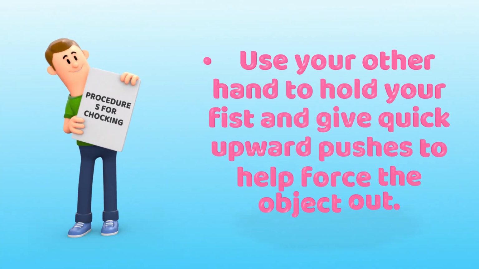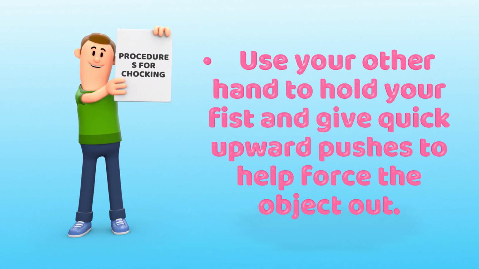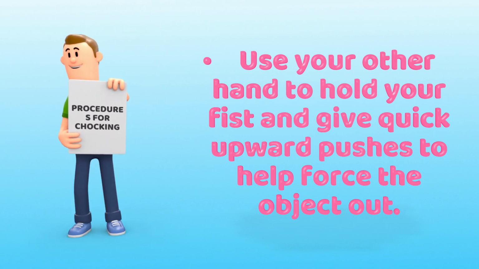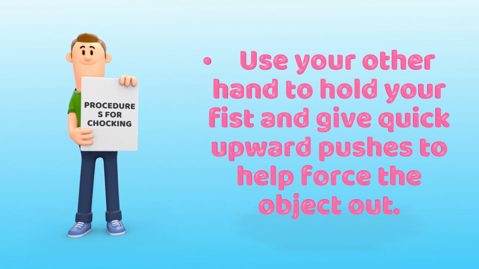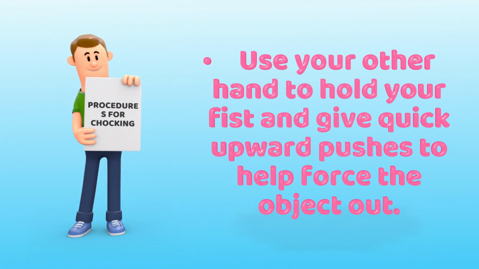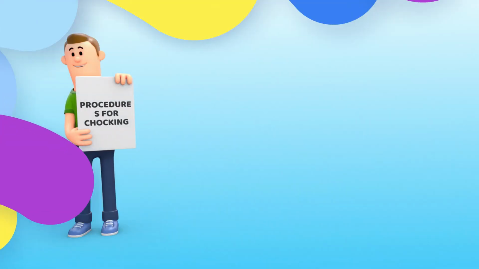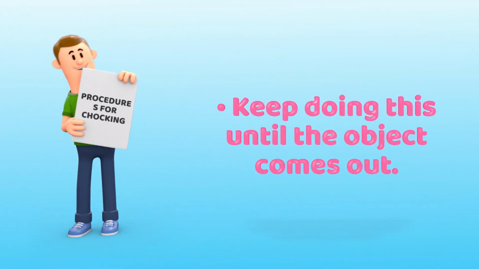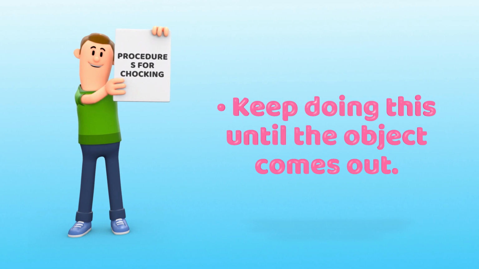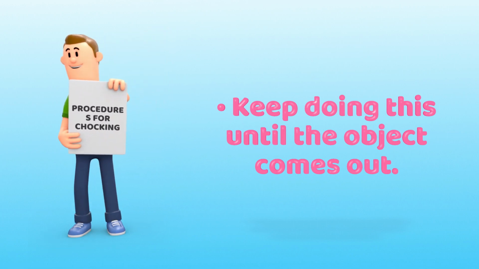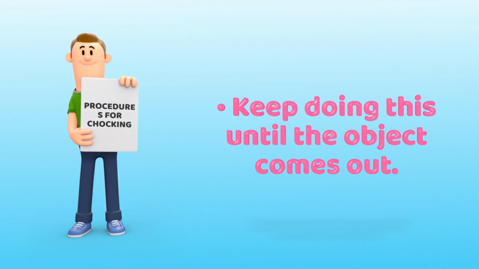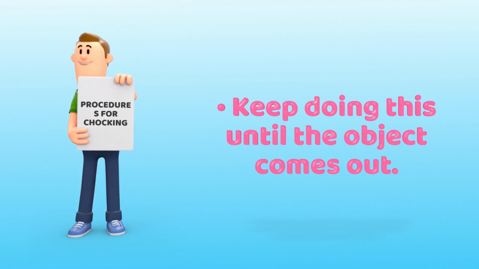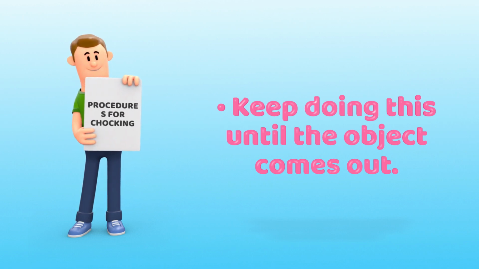Then use the other hand, put it on the fist, and do an upward push to try pushing the object out. Then keep performing the upward pushes until the object comes out. You can refer to our previous video displayed for illustration.